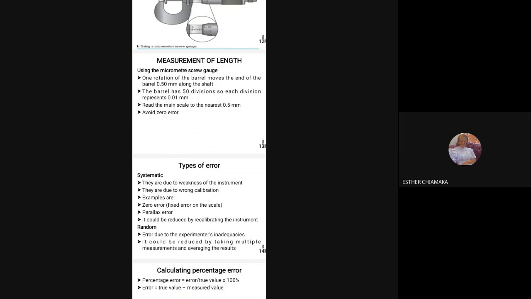It could be reduced by recalibrating the instrument. Random: error due to the experimental inadequacies. It could be reduced by taking multiple measurements and averaging the results.